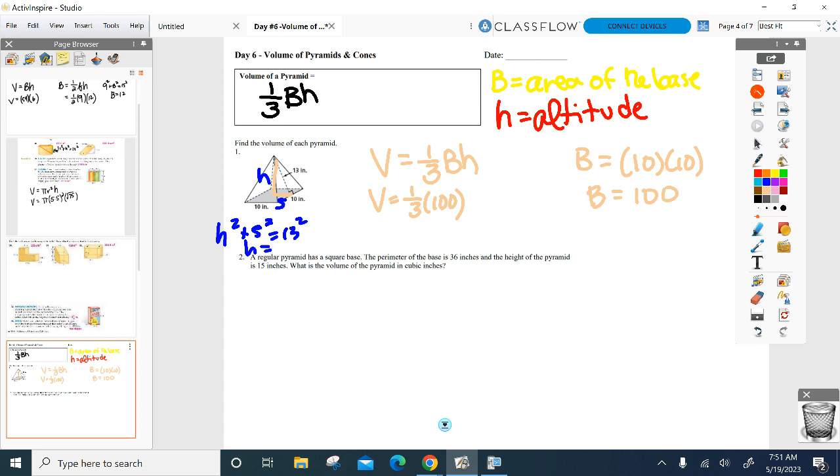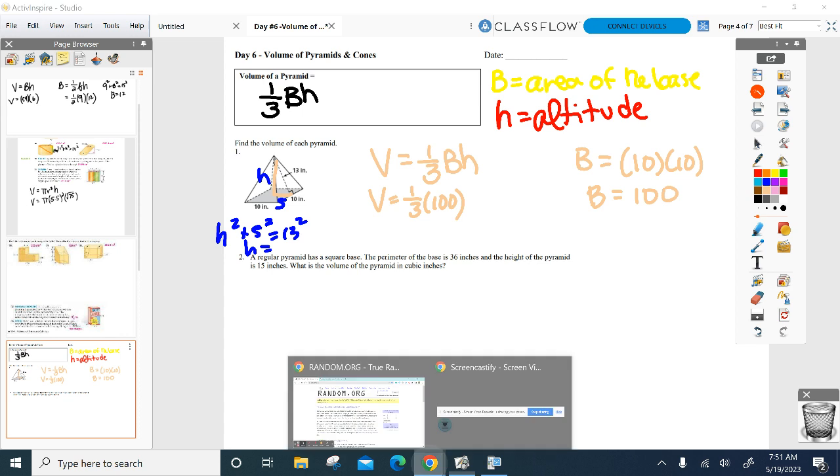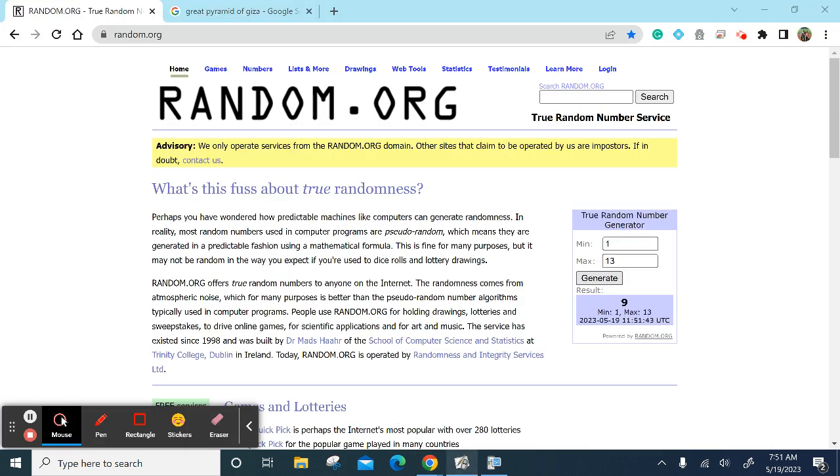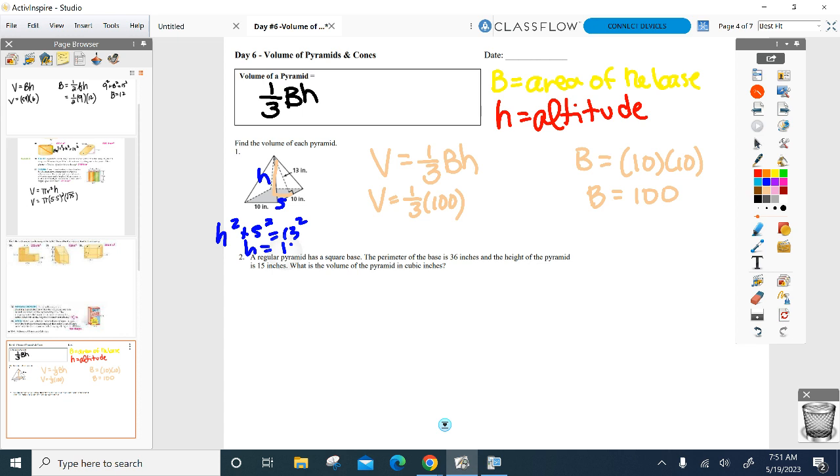And then you guys can help me find H. All right, what do you got for H here? 12, good work. So there's 12 right there. And we should be good to go now.